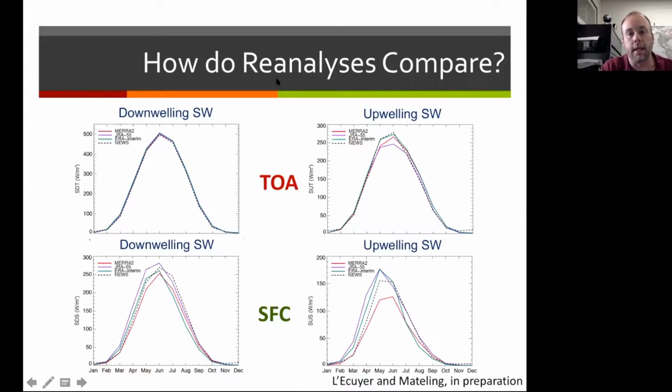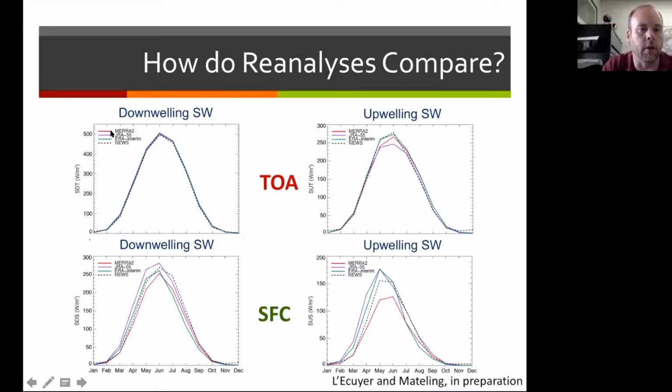So this slide here basically compares just the four shortwave components, the downwelling shortwave radiation and the upwelling shortwave radiation reflected at the top of the atmosphere, to the downwelling shortwave radiation at the surface and upwelling shortwave radiation at the surface. And what I have on this diagram, in the dashed line, is the data that I just showed, the National Energy and Water Cycle observational based estimates.